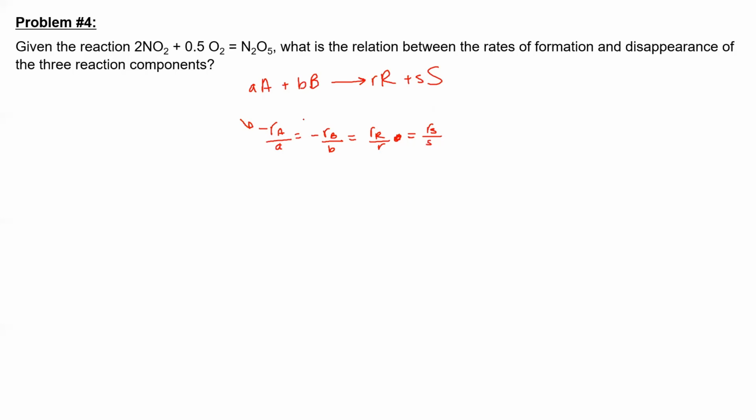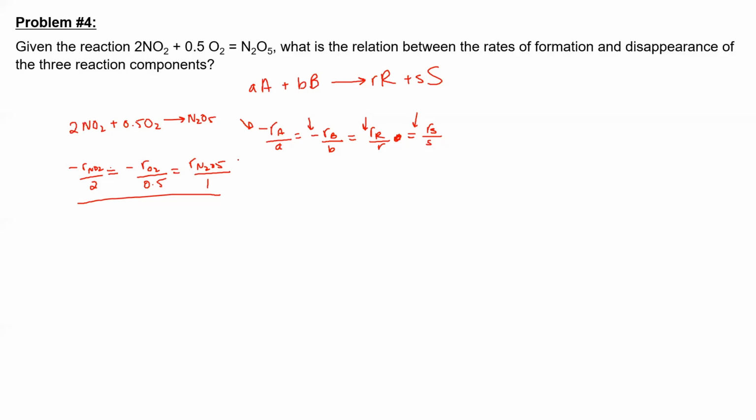So again, reactants have a minus sign, products have a plus sign, and I'm dividing all of them by the stoichiometric coefficients. Similarly, for a reaction of 2NO2 plus 0.5 O2 going to N2O5, my reaction rates will be minus R NO2 over 2 is equal to minus R O2 over 0.5 is equal to R N2O5 over 1.